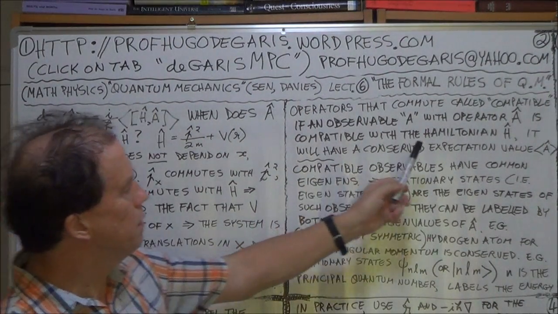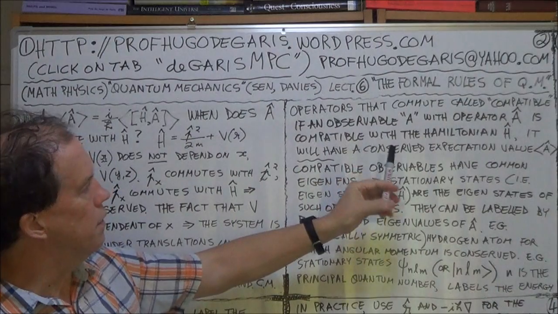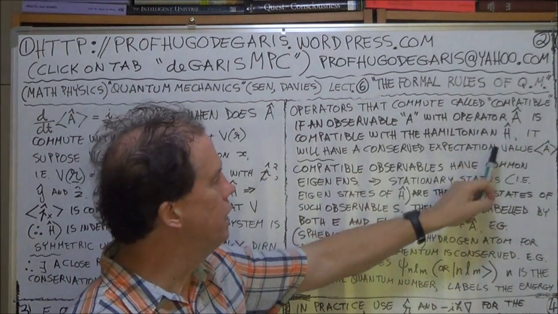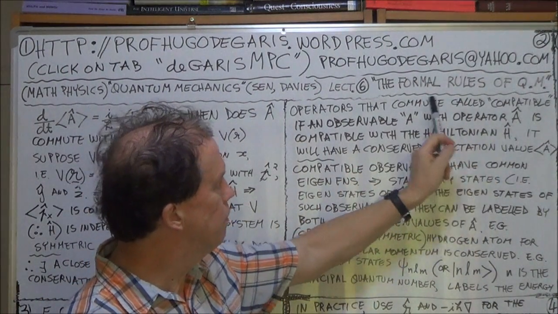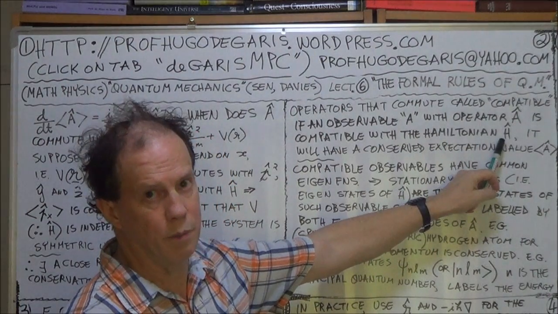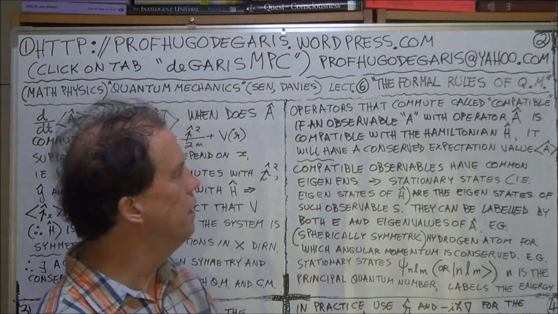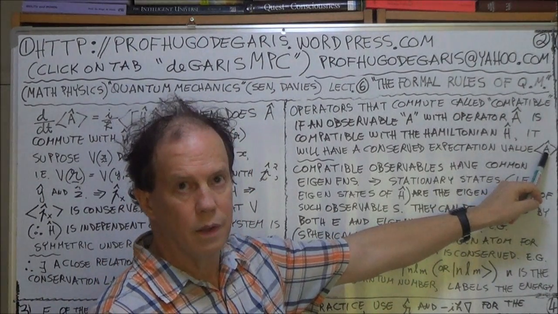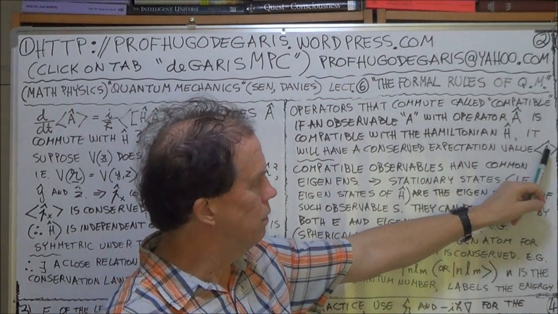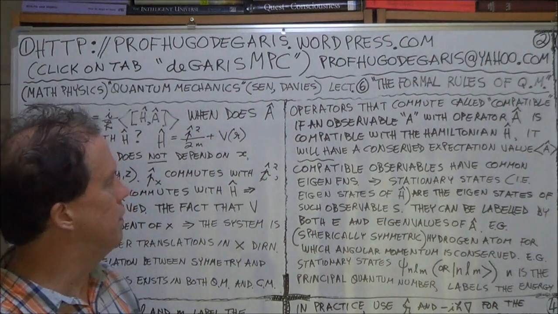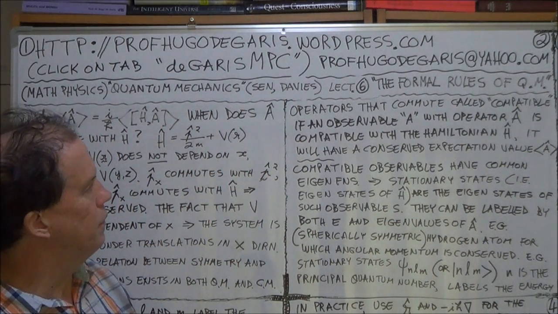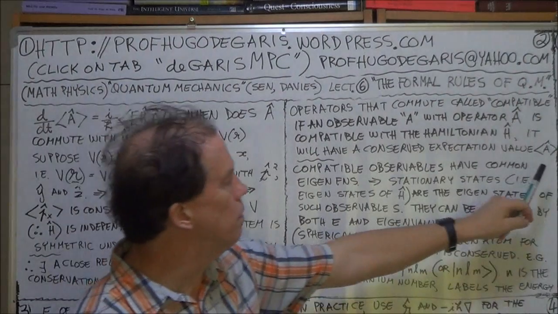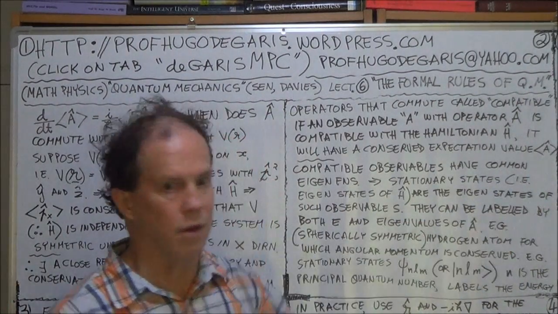Now, another way of saying something similar is if your operator A commutes with the Hamiltonian, H hat, then the expectation value of that observable A, or A hat, is constant. So when you differentiate, you get 0.